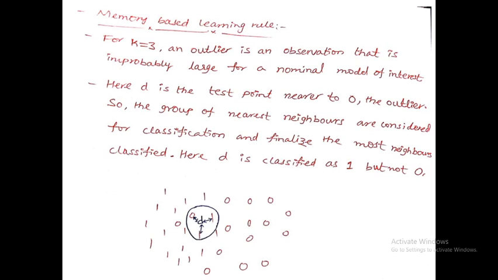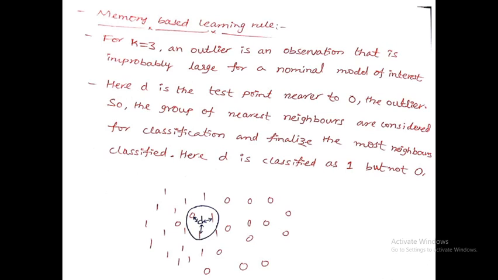So what are the majority values in this group? 1 is the majority value because 2 ones are there and 1 zero is there. And what is the minimum distance here? Let us take the minimum distance to the X test as the 0. Say at D place, let us assume that the X test vector is there.